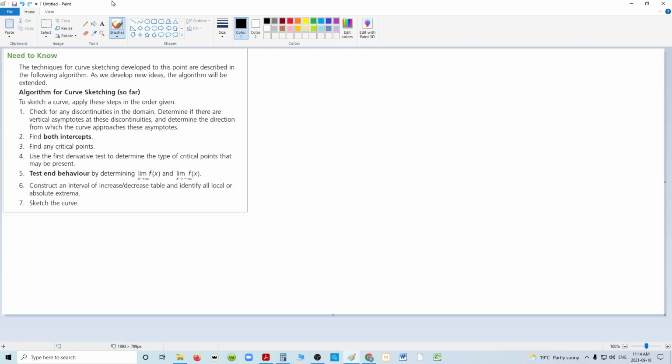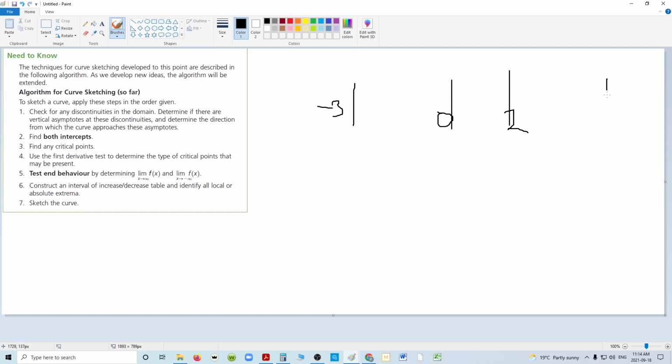I actually prefer to have the values. For instance, let's say you find there's a vertical asymptote at x equals -3. Let's say you also find an x-intercept at, let's say, 0 and 2.